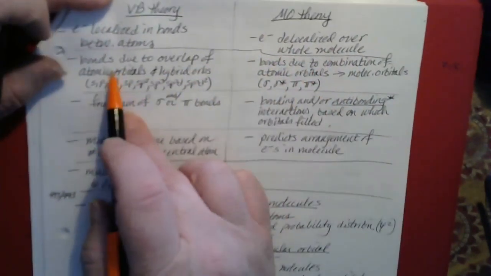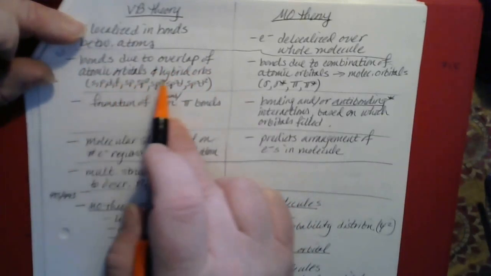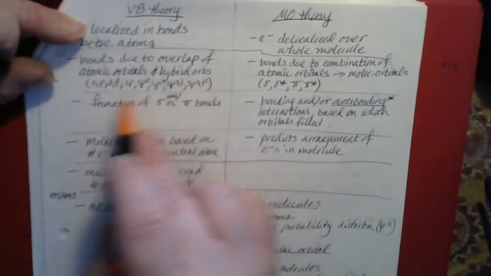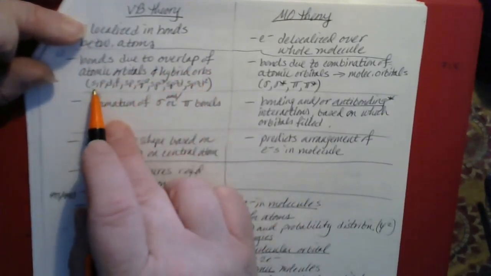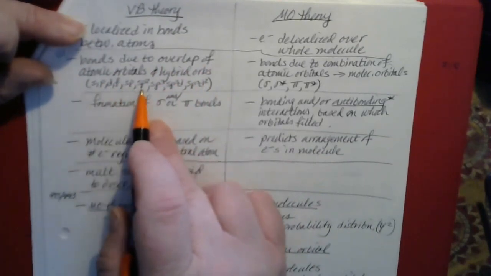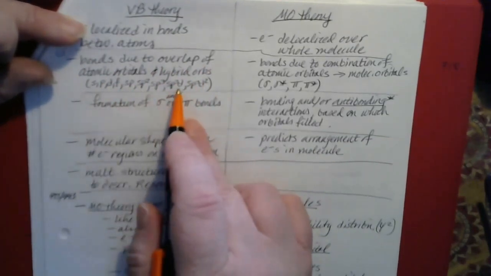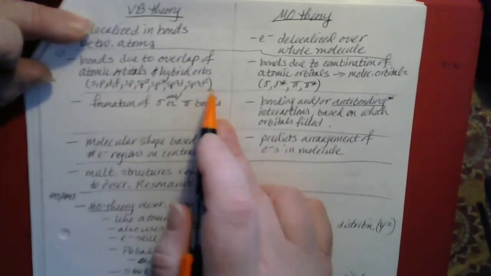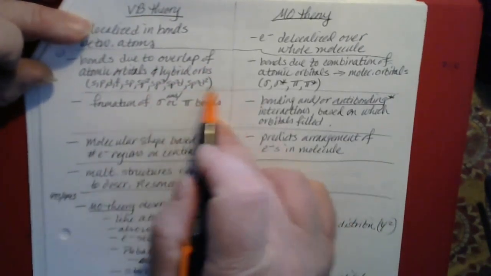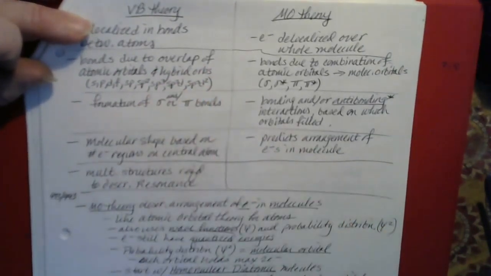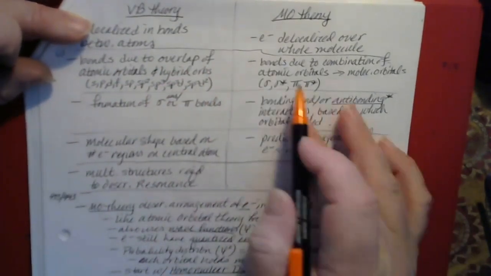In the valence bond theory, the bonds are due to overlap of atomic orbitals and hybrid orbitals, and that would be s, p, d, f, sp, sp2, sp3, sp3d, or sp3d2 orbitals. And actually, there are more hybrid orbitals than that, but we stopped at sp3d2 because that covers enough.